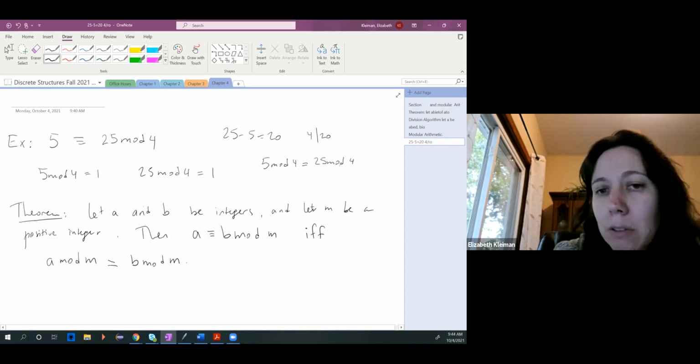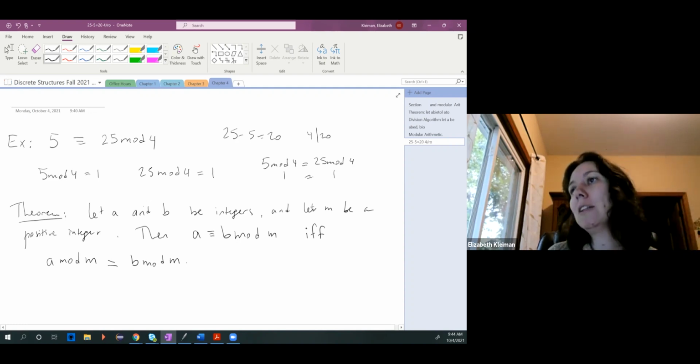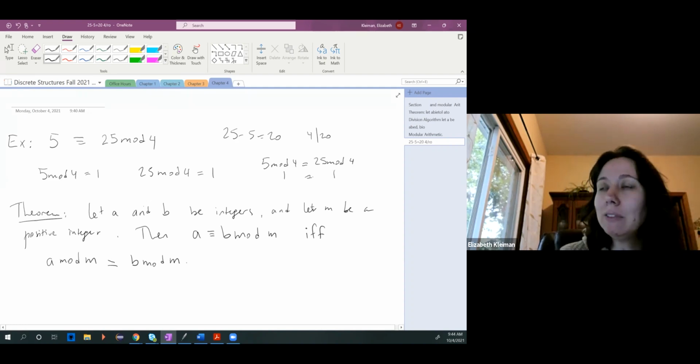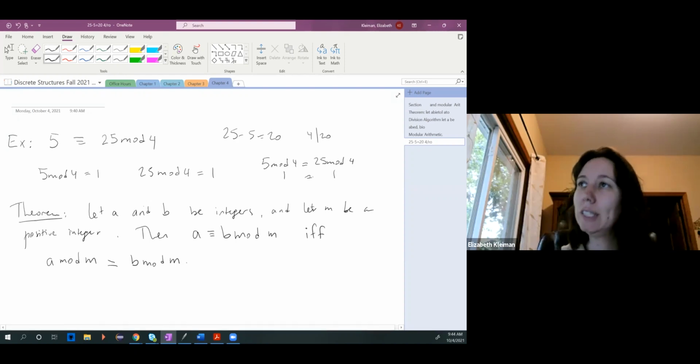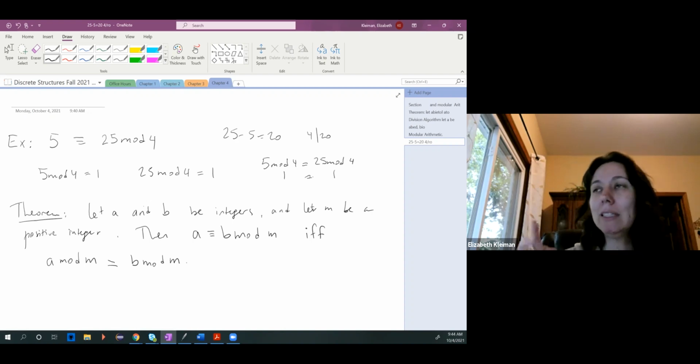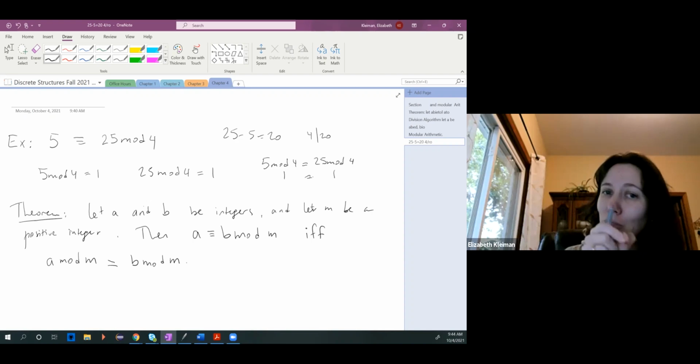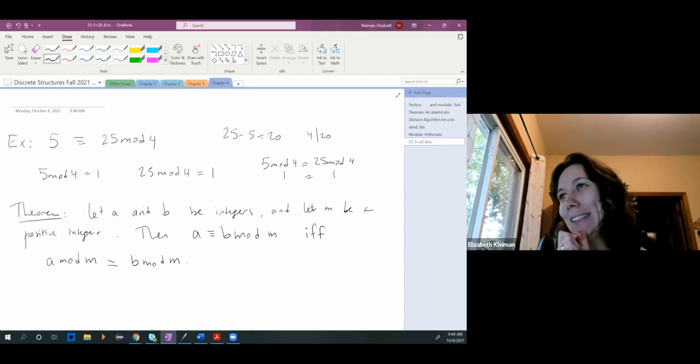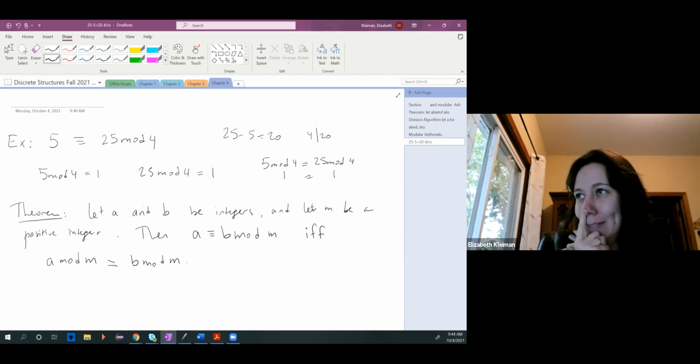Why is it really equal? Because we have 1 here, and 1 is really equal to 1, correct? So that's a big difference between congruence versus equality. Congruent means the remainder will be the same. And then equality is actually when you have an exact same number, and you do need to write mod on both sides if you want to use equality. Okay.